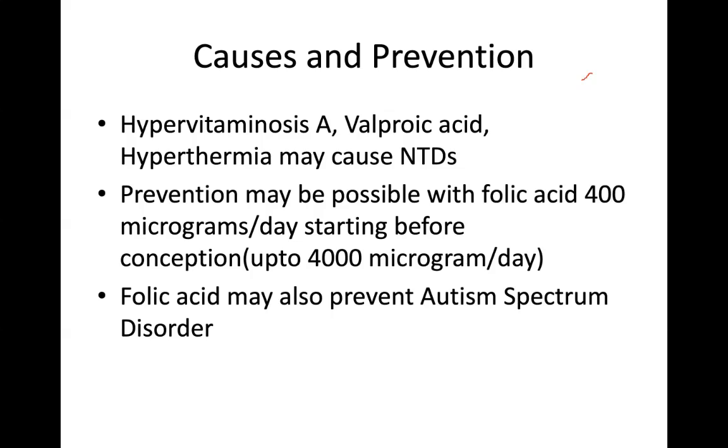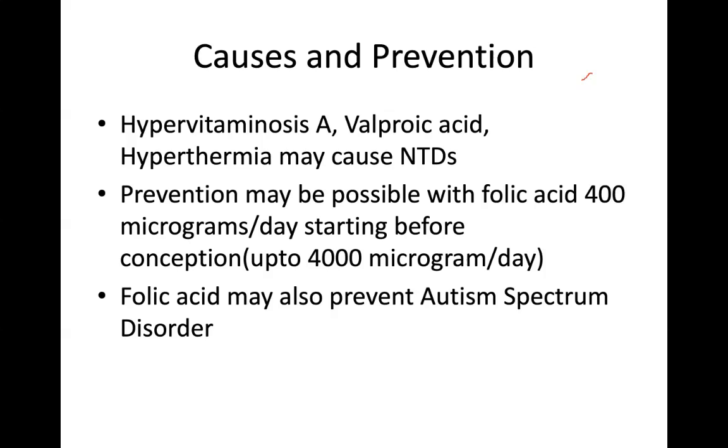Hypervitaminosis A has been seen to cause neural tube defects. Valproic acid and hyperthermia are also reasons for embryos having neural tube defects.